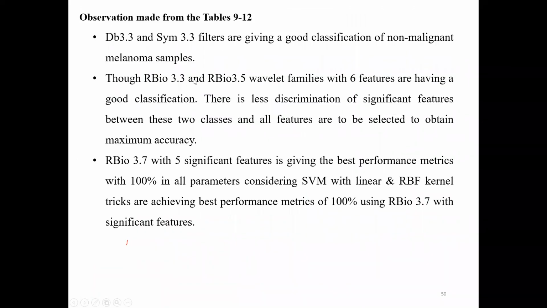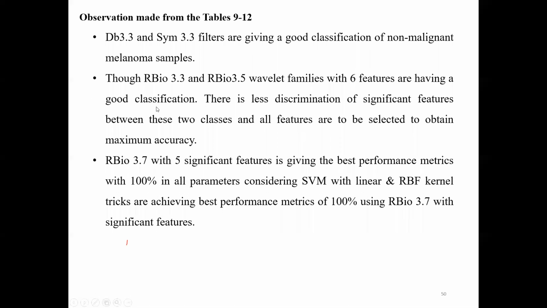And what are the observations? You may observe that dB 3.3 and Symlet 3.3 filters are giving good classification of non-malignant melanoma samples. That means non-cancerous diseases could be easily identified if I use the two wavelet coefficients dB 3.3 and Symlet 3.3.